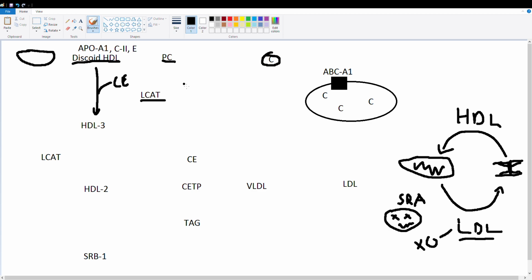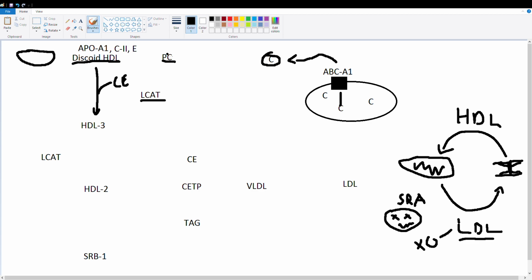So we have a cell over here. Let's say this is an endothelial cell. Cholesterol gets shot out of your cell because it's in excess through something called the ABCA1 transporter, and now it's in your blood. Well, we can't have this really polar molecule of cholesterol just floating around because it's hard to transport, so we're going to tack it on with an acyl group from phosphatidylcholine using the enzyme LCAT.